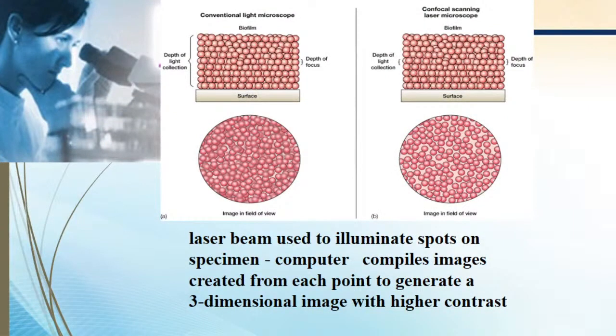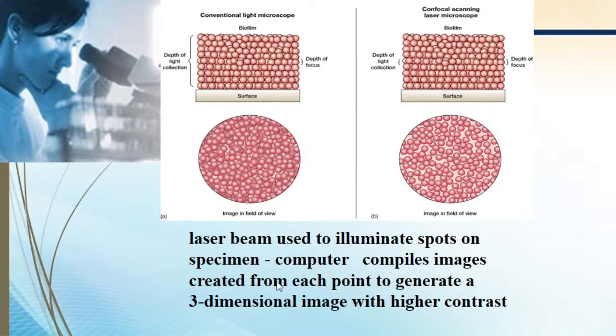We can see two types of microscope. This is a conventional light microscope, of a biofilm, and also confocal scanning laser microscopes. A laser beam is used to illuminate spots on the specimen.